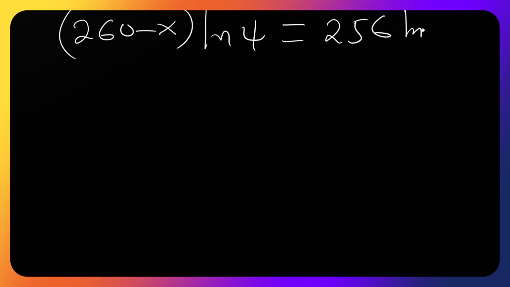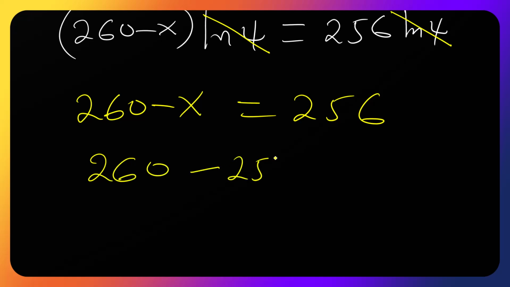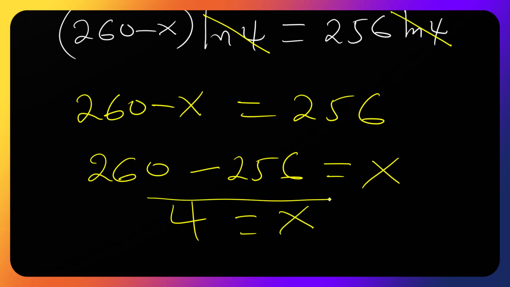So from here, this one will cancel this. So 260 minus x equals 256. Therefore 260 minus 256 equals x. So I have 4 equals x. All right, so that's the solution.